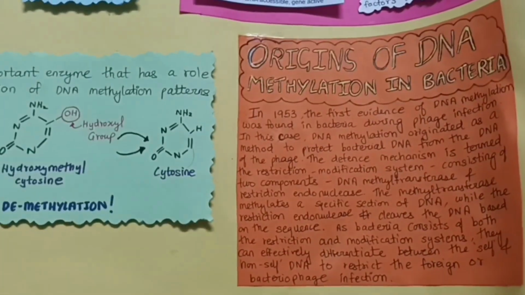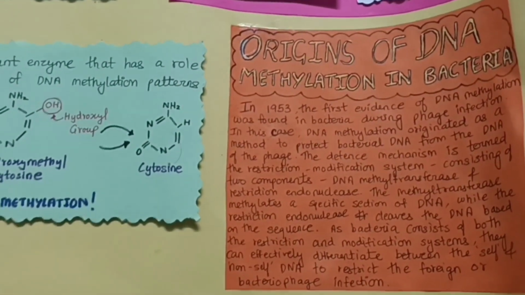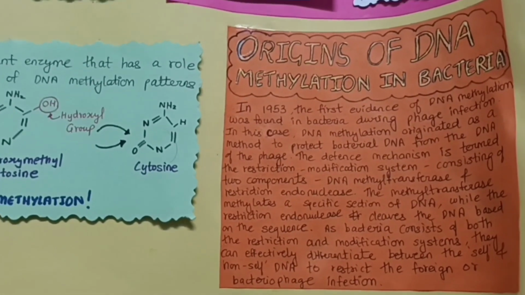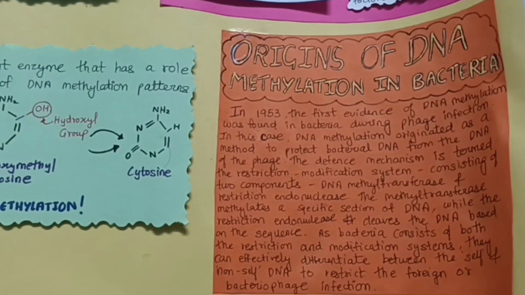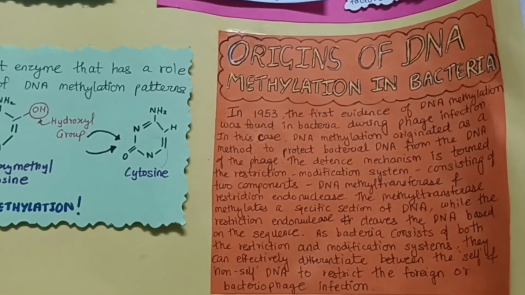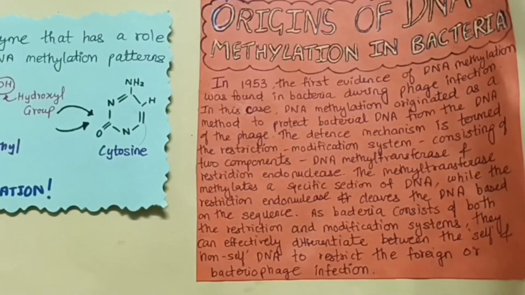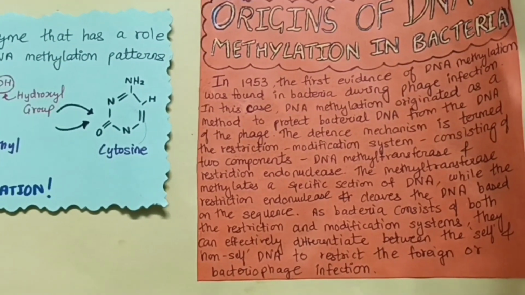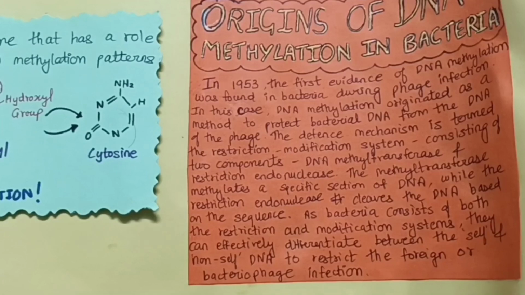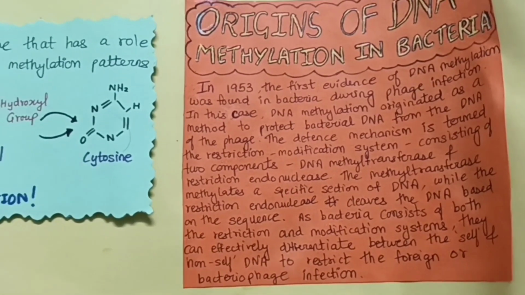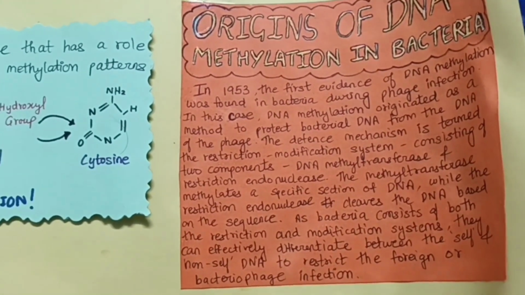I'd also like to mention the origin of DNA methylation in bacteria. So, in 1953, the first evidence of DNA methylation was found in bacteria during phage infection. In this case, DNA methylation originated as a method to protect bacterial DNA from the DNA of the phage. The defense mechanism is termed the restriction modification system, consisting of two components: DNA methyltransferase and restriction endonuclease.